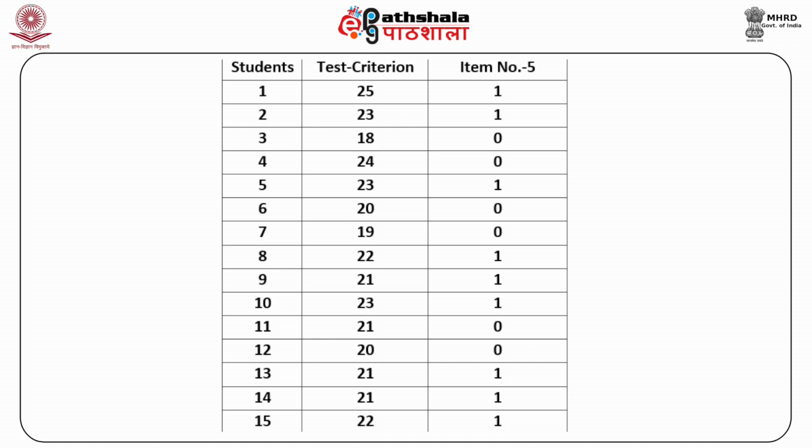MP is equal to 25 plus 23 plus 23 plus 22 plus 21 plus 23 plus 21 plus 21 plus 22 divided by 9, making it 22.23, and MQ is equal to 18 plus 24 plus 20 plus 19 plus 21 plus 20 divided by 6, which is equal to 20.33.